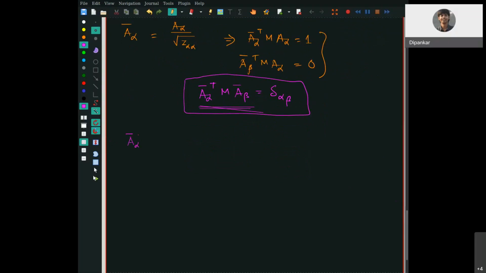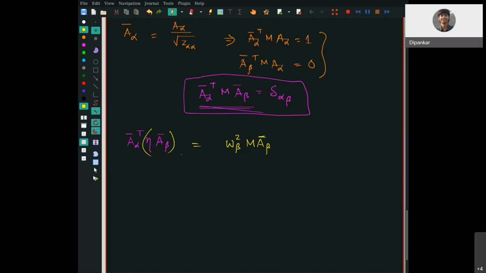So if I do this thing, A alpha bar transpose eta A beta, if I need to compute the value of this thing, then first I notice that this part, eta times A beta bar, should be equal to, from the main eigenvalue equation, you go back to your main eigenvalue equation, omega square M A beta bar.